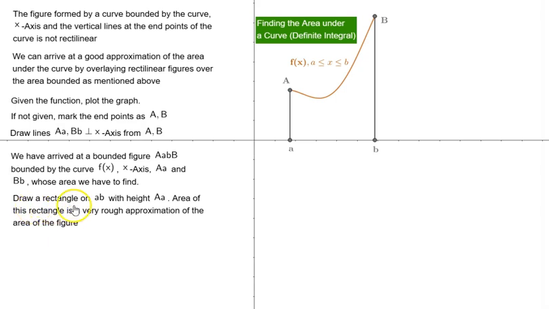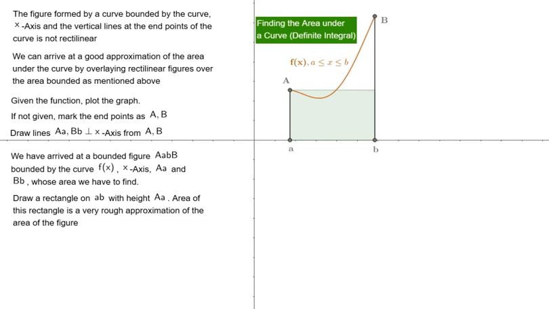Now, draw a rectangle on AB with height AA. The area of this rectangle is a very rough approximation of the area of the figure. So this is the rectangle we are talking about. When we compare this area with the area under the curve, it gives us an approximation, yes, but it's not a very good approximation.